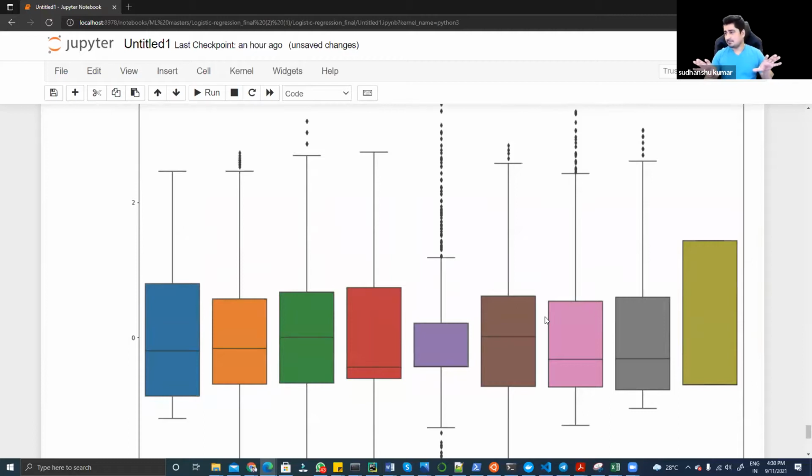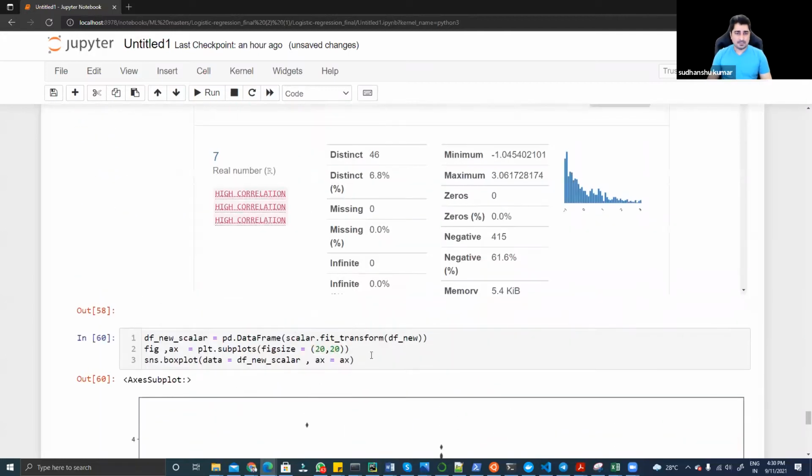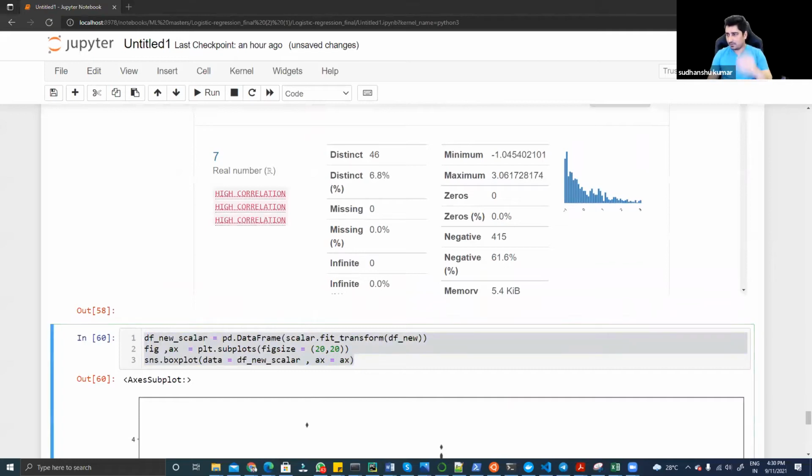Yes, between a similar scale, almost approximately similar scale, right? Because if you check the boxes, almost all the boxes are coming on the same scale on the y-axis. The data set is somewhere between -2 and 2. Box plot, please paste. I'm not doing anything new over here, I've just copied the code from the one above.